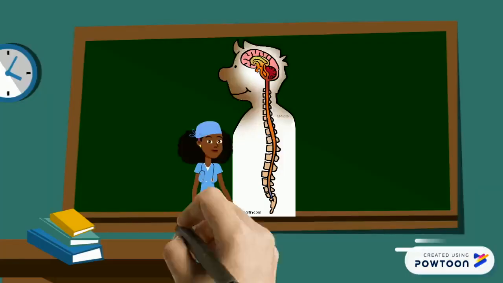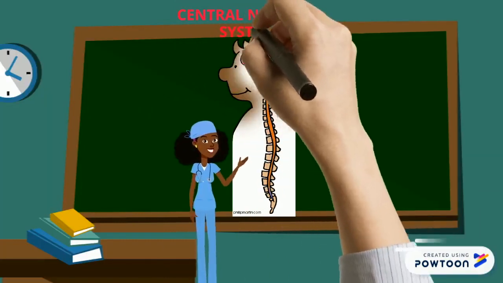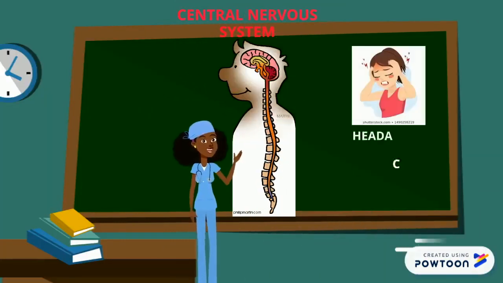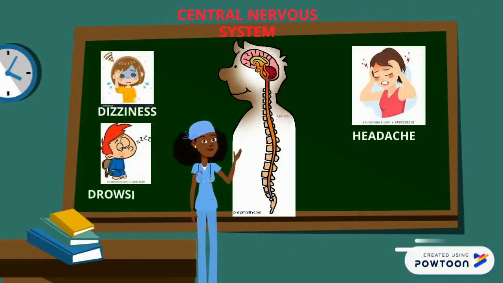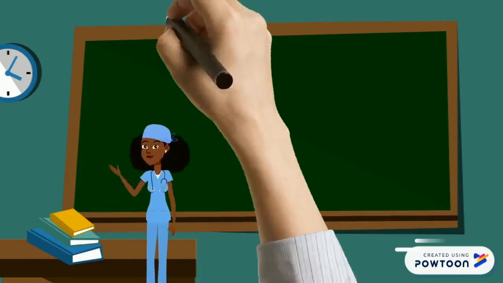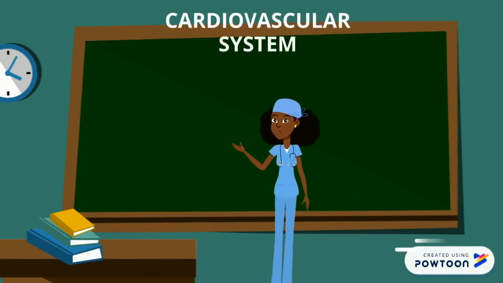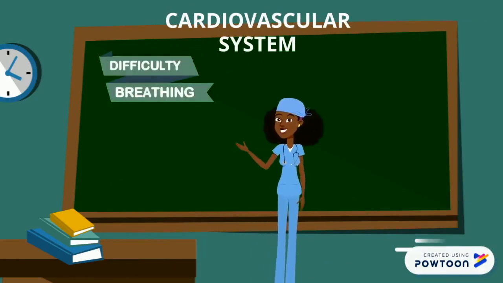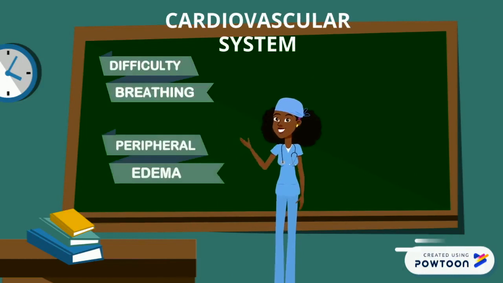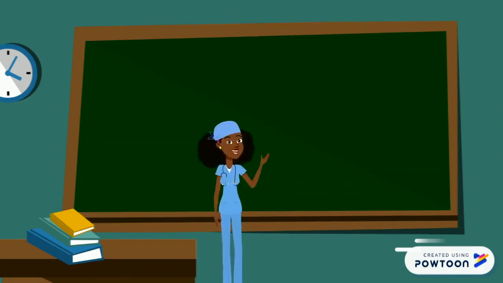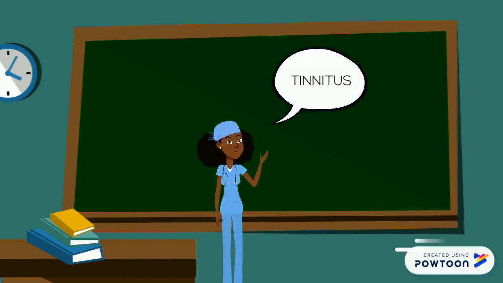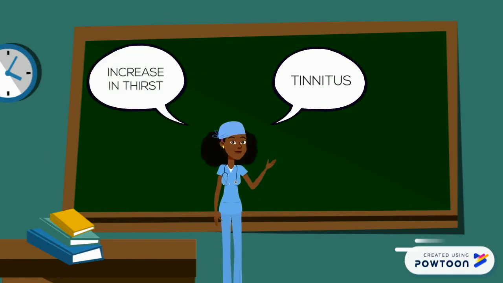In terms of your central nervous system, headache, dizziness, and drowsiness can sometimes happen. Moving on to your cardiovascular system, some people may experience difficulty breathing, while others experience peripheral edema. Last but not least, some people may experience tinnitus, as well as, interestingly, an increase in thirst.